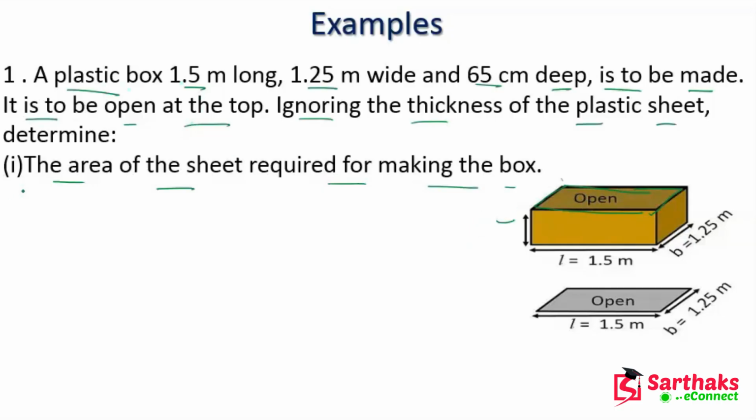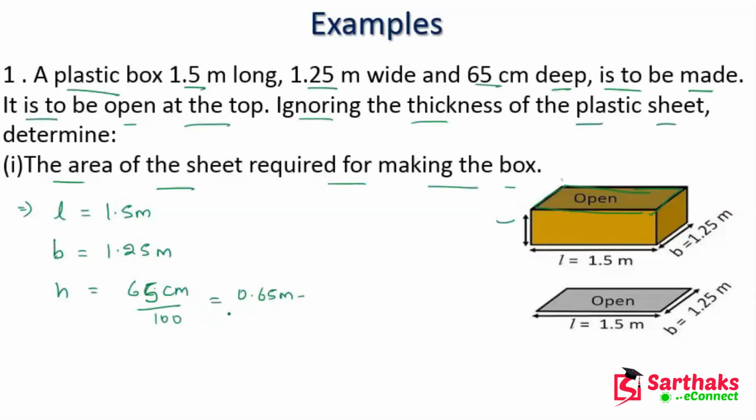The top part is open, meaning there is no sheet in the top part. Here length L is 1.5 meter, breadth of box is 1.25 meter, and height of the box is 65 centimeter. We have to convert it into meter, so we divide by 100 and get 0.65 meter.